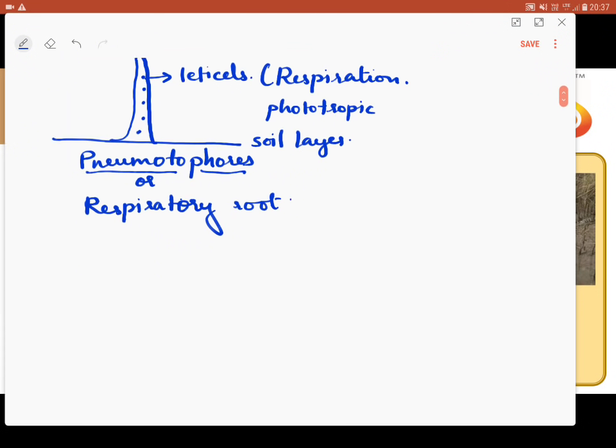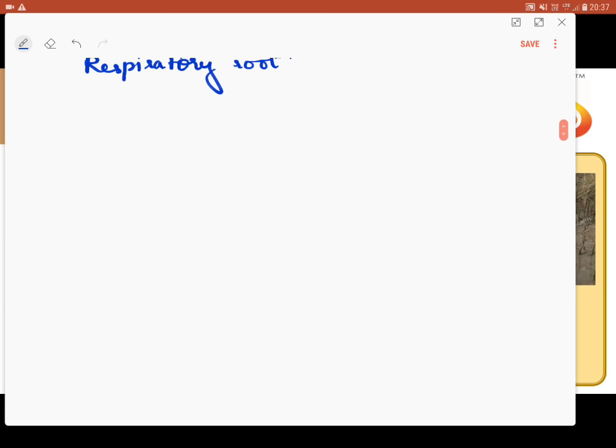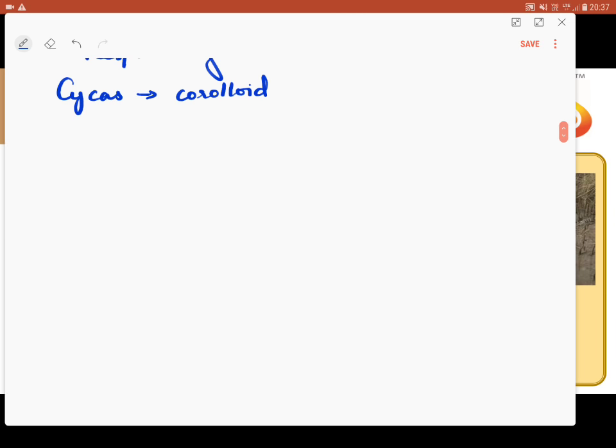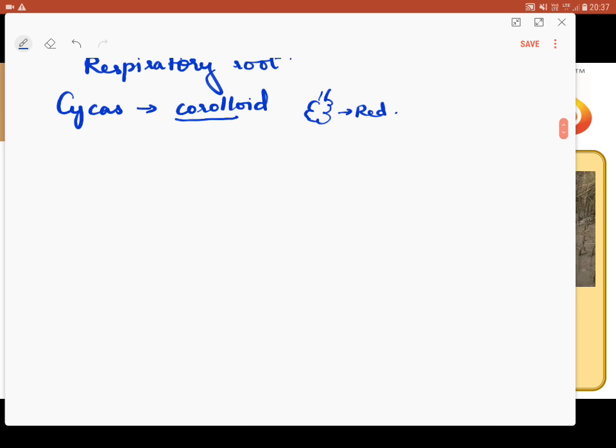Other than this, we also see similar type of anti-geotropic roots in case of cycas. In cycas we have coralloid roots. Coralloid roots, the word comes from coral, colored. If we see these roots, they are in cluster formations like this, and these clusters are somewhat reddish in color, because of which the name coralloid root.